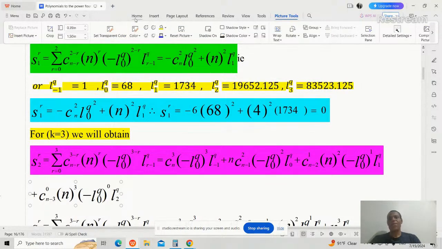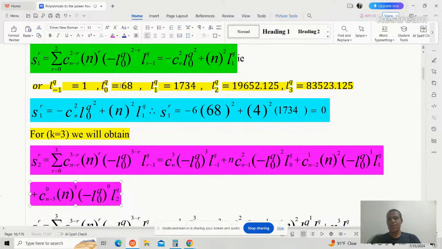When k equals 3, I will obtain S3 minus 1, which gives S2 of order r, equal the sum from 0 to 3, combination n minus r, choose 3 minus r because k is 3, times n r times negative L0 of the q raised to the power 3 minus r times Lr minus 1 of the q.